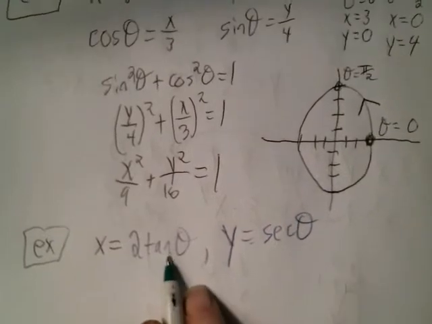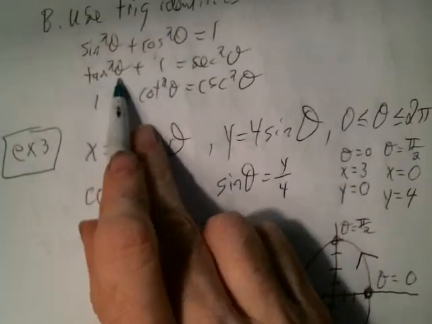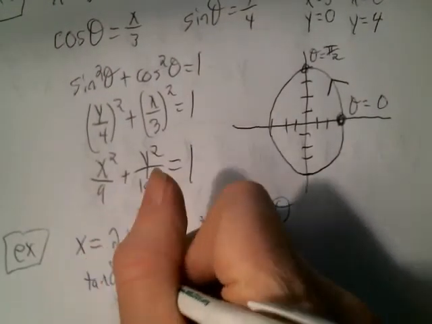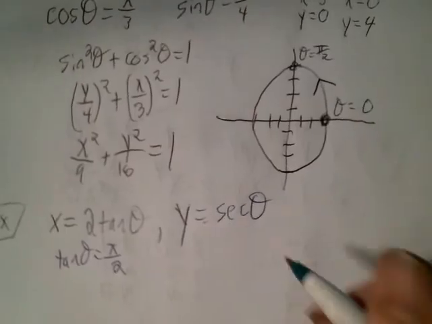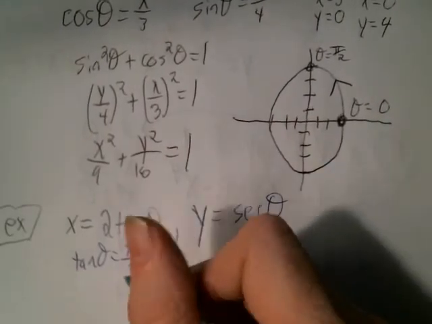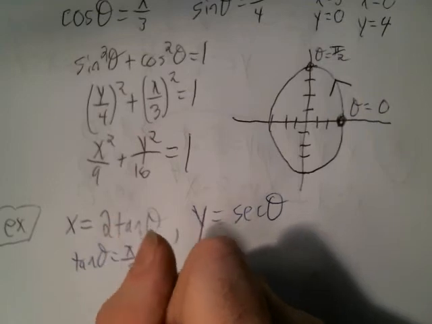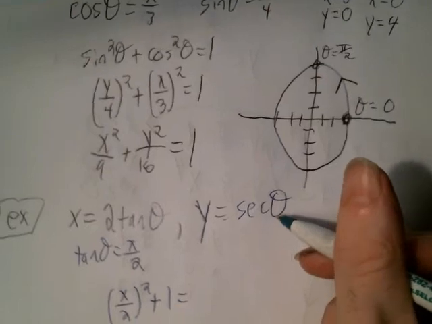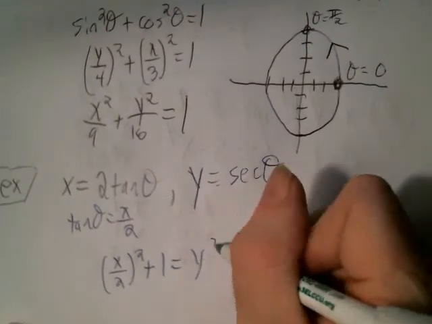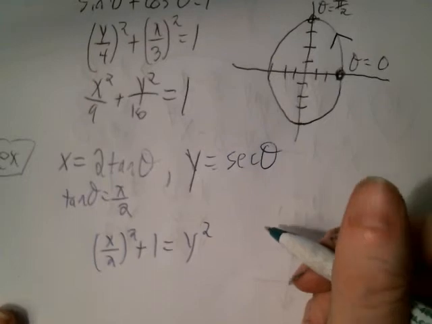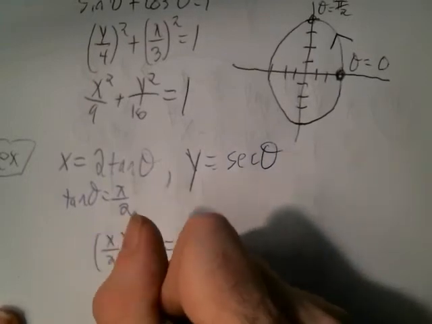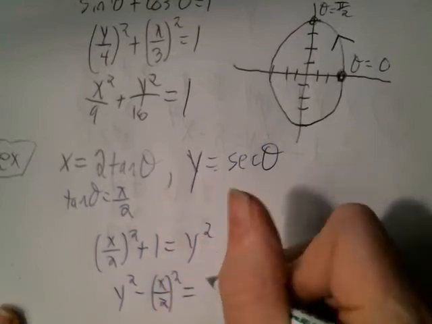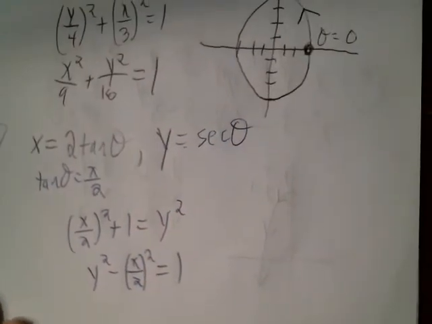Okay? And then you could solve for tan and secant and plop them into this formula. Right? So you have tan theta is equal to x over 2, and then you have just y is equal to secant theta. So tan squared theta, which would be x over 2 squared, plus 1 equals secant squared theta, so y squared. And then you could get the x squared over here, so you have y squared minus x over 2 squared equals 1, and you have a hyperbola, right?